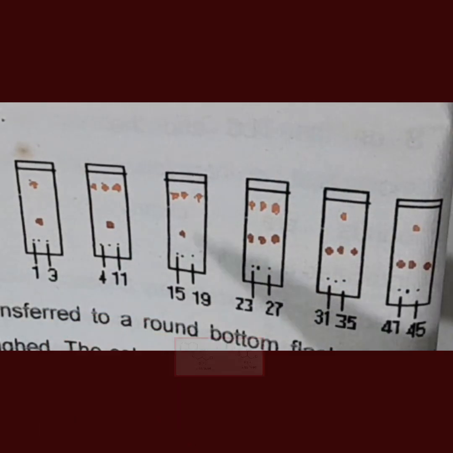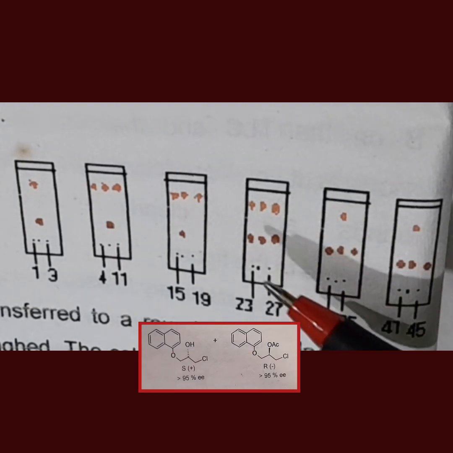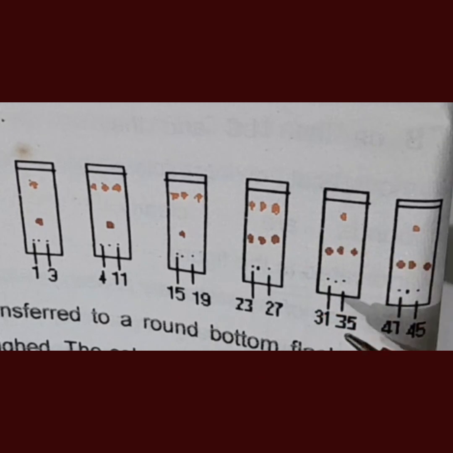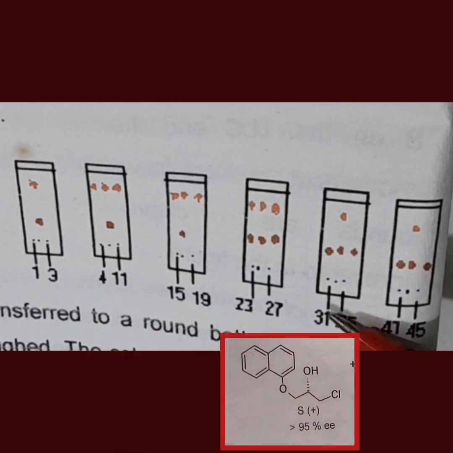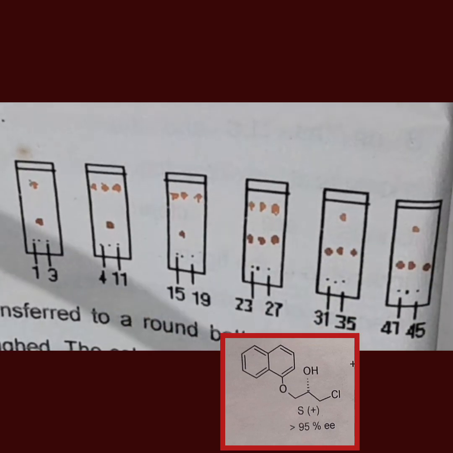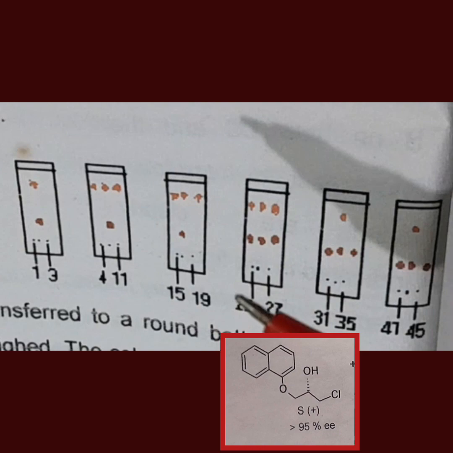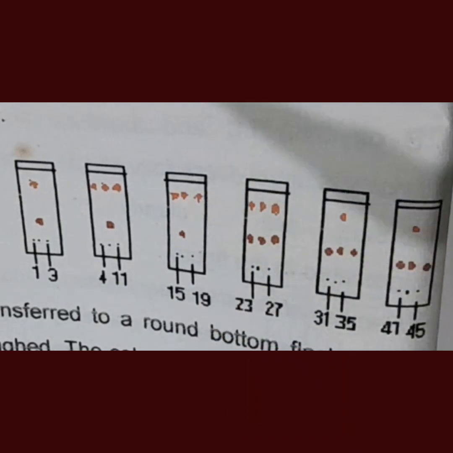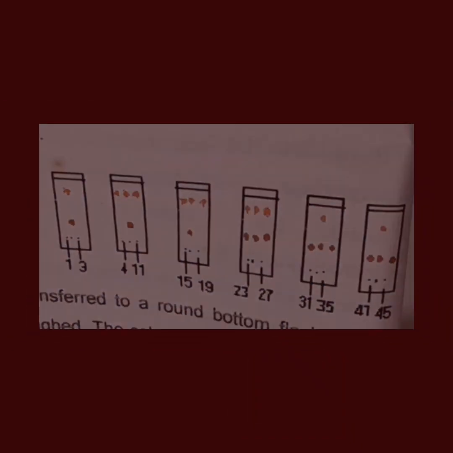Later, from the 23rd fraction, we found that alcohol also started eluting out. When we came to the 31st fraction, it was purely alcohol that was eluted. So these fractions were separated, solvent removed, and tested by nuclear magnetic resonance.